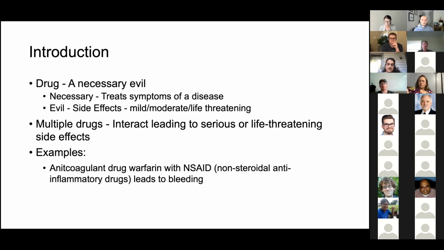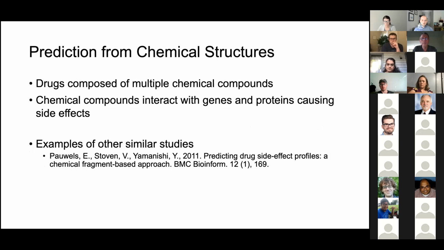But when two drugs interact with each other, some drugs do not like each other, and that can lead to serious or life-threatening side effects. An example is an anticoagulant drug, which, when combined with a non-steroidal anti-inflammatory drug, can result in severe bleeding.